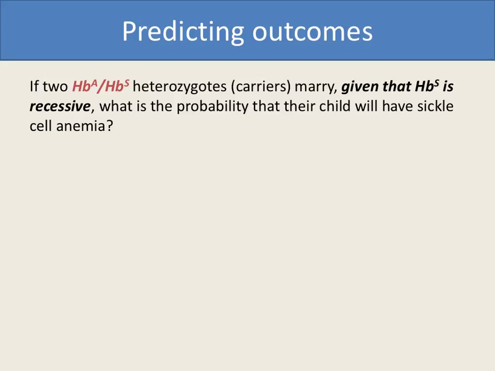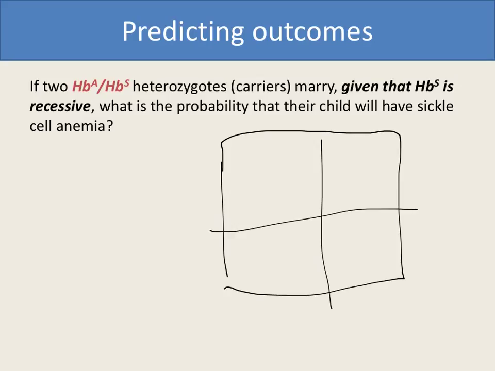So, predicting outcomes. Now, we'll go on to the next one where we'll see what a Punnett square looks like. In fact, we can do it right now. What we do is we put each allele of each individual along either the left side or the top.